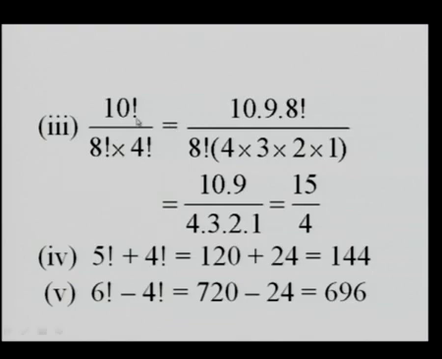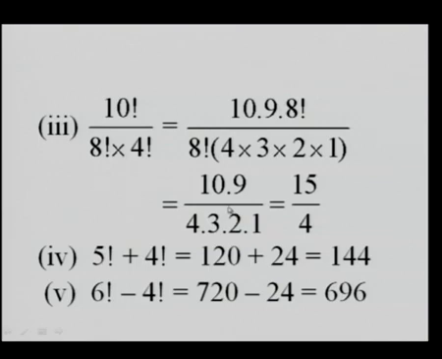In the third part we have to evaluate factorial 10 divided by factorial 8 into factorial 4. Let us break factorial 10. By definition it can be written as 10 into 9 into factorial 8. Why have we broken it at factorial 8? Because in the denominator we have factorial 8, so we can cancel it. Factorial 4 by definition can be written as 4 into 3 into 2 into 1. After cancelling factorial 8, we have 10 into 9 divided by 4 into 3 into 2 into 1.